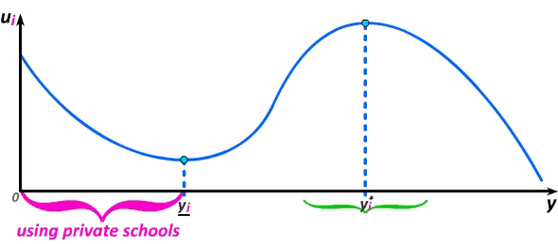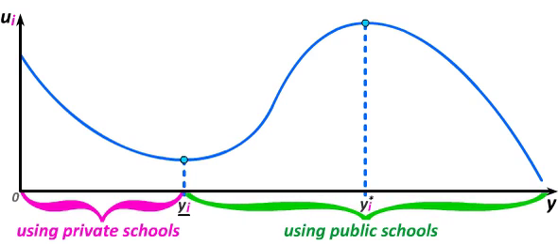If we looked at this individual's preferences only starting at the public school spending level y lower bar I, we would see single peak preferences just as we did in graph 28.1. This is because in graph 28.1 we implicitly assumed there was no private alternative that the individual could choose, and thus would always consume the publicly provided good.